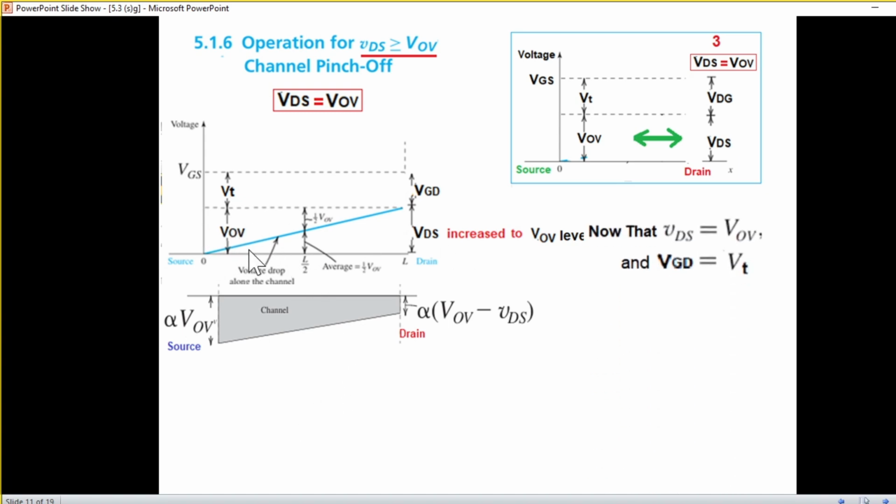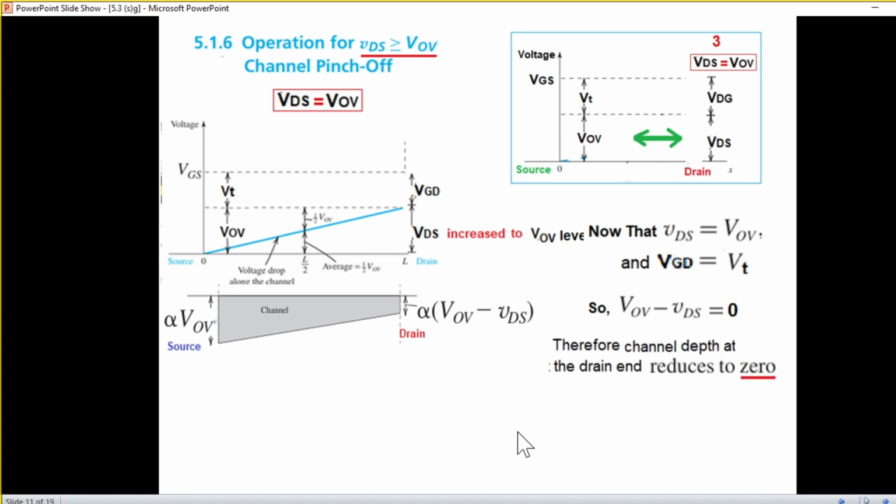with the yellow. But before going into that, we can also do the mathematical calculation for this one. We know that VDS is equal to VOV from here, and VGD is equal to VT. So from the upper one, we can write that VOV minus VDS is equal to 0. That means this term will become 0, that means this depth will become 0.